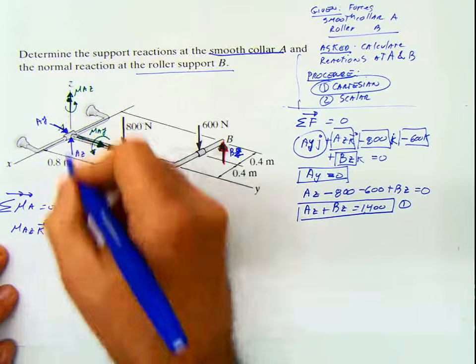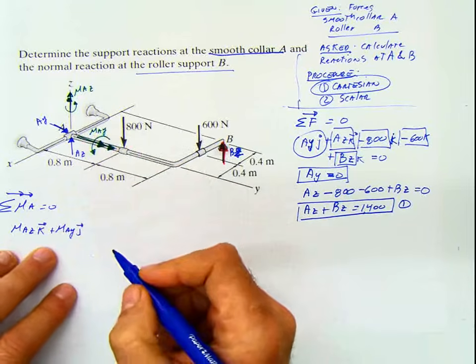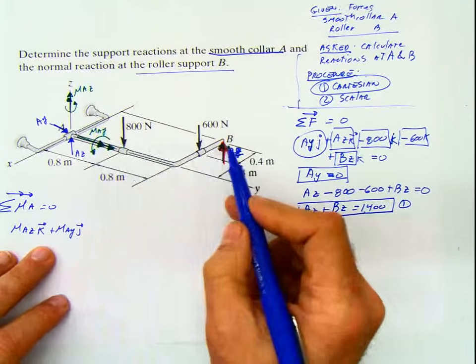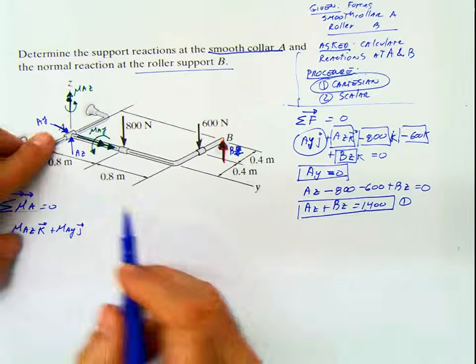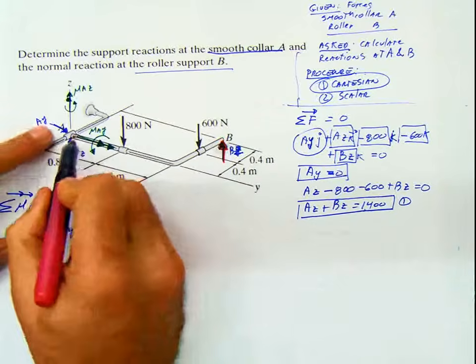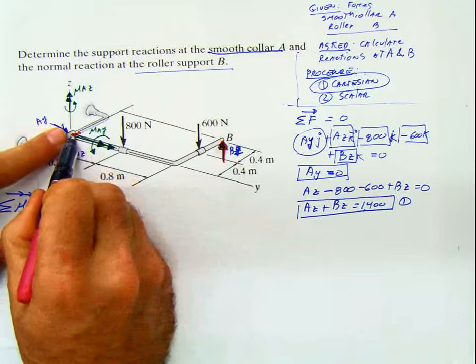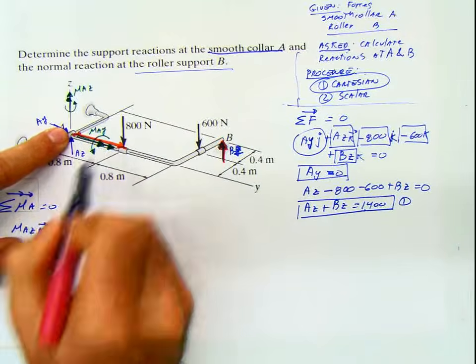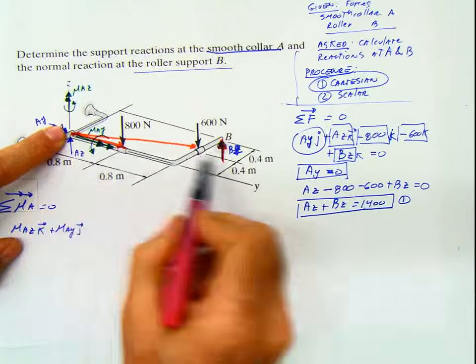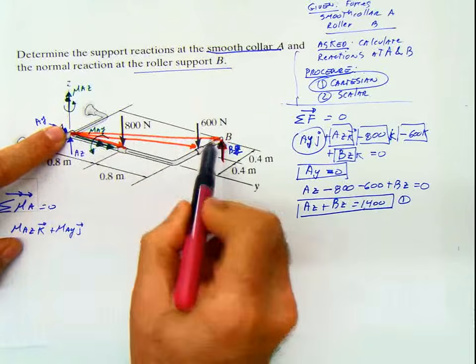Those are the moment reactions for A. Now, I have this force, and this reaction here. That means that if I'm going to use the vector approach, the Cartesian approach, from this point I have to express my R, and another R from here, and the other R to there.